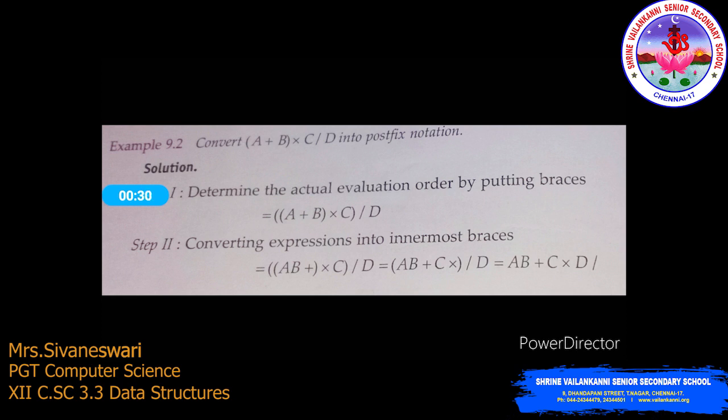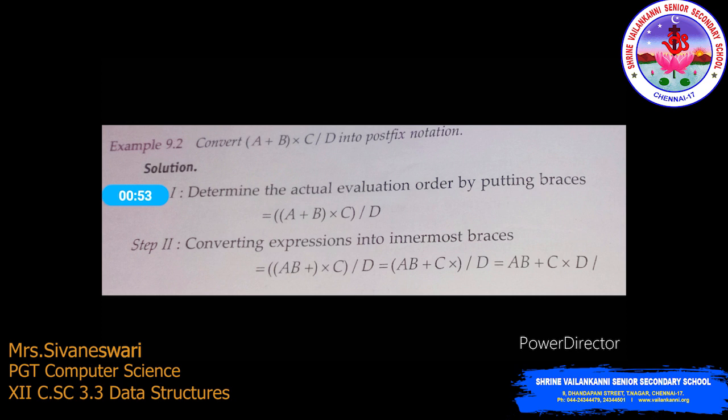So a plus b is already in brackets. Then b star c, because multiplication and division are coming together, we evaluate from left to right. Multiplication is given higher priority, so we put a bracket for a plus b star c, then slash d.